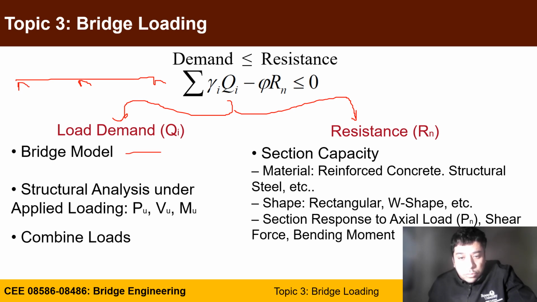First of all, you need to develop your bridge model using hand calculation or finite element models. You need to do structural analysis. Let's say you have dead loading. We will see dead load divided into DC and DW later on, and you may have some moving loads, right, that move across the bridge.